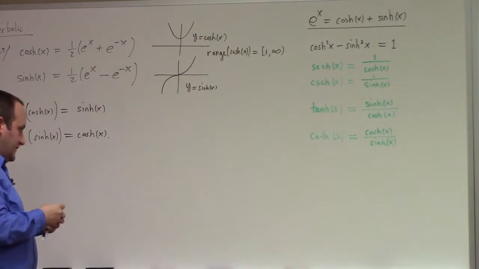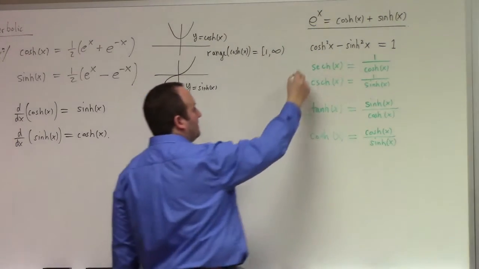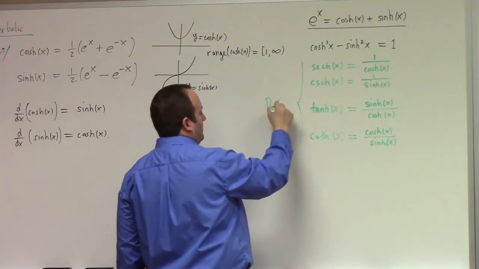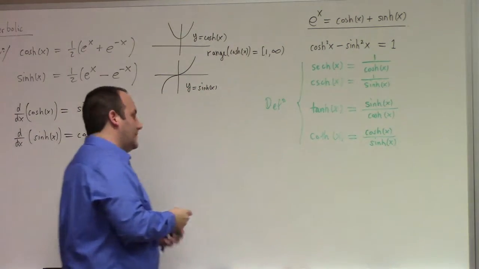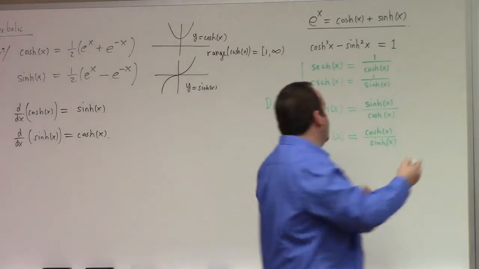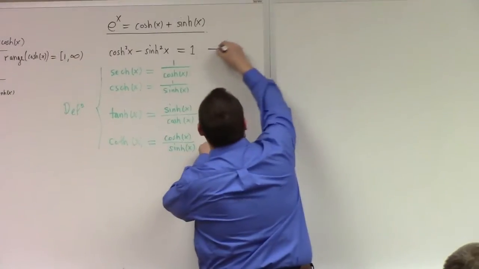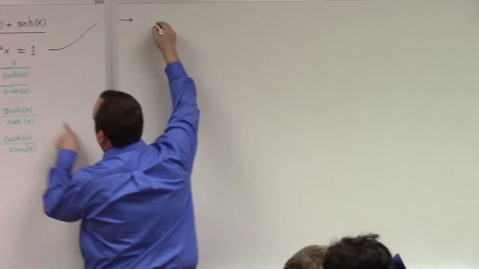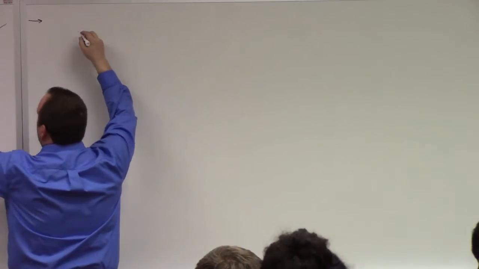With these definitions, you can derive other identities, right? From this cosh squared minus sinh squared, what do we get? If we divide this by cosh squared, what do we get?